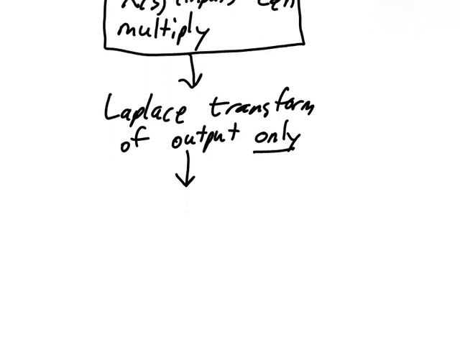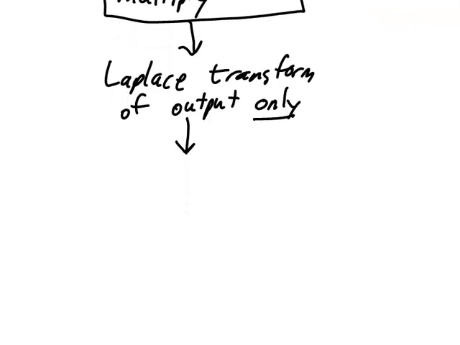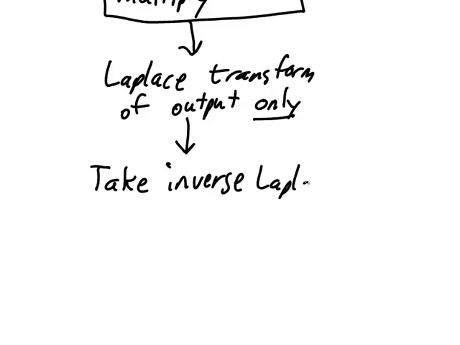So here, we're only one step away from achieving our goal of finding the output signal as a function of time. The last thing we have to do is to take the inverse Laplace of the output equation.